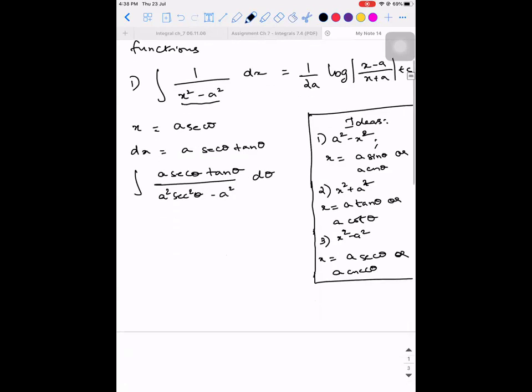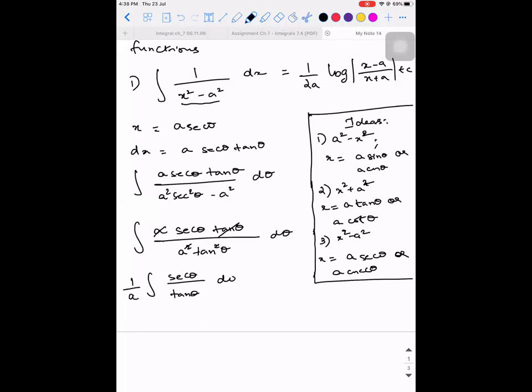I hope it is clear. So integral of a secant theta into tan theta divided by a square into secant square theta minus 1, which is a square tan square theta, into d theta. So a and a will get cancelled, 1 by a into integral of secant theta divided by tan theta d theta.